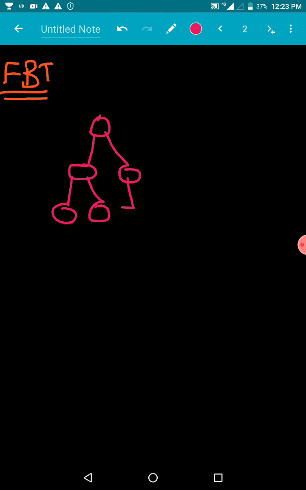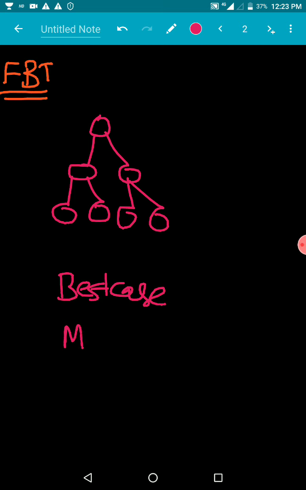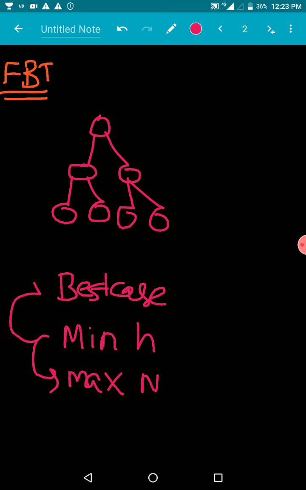This is the best case of full binary tree because here, with minimum height, we are storing maximum nodes. That's why it's called the best case of full binary tree.